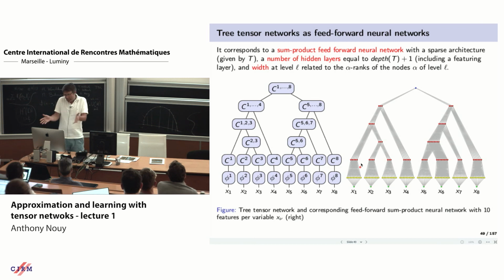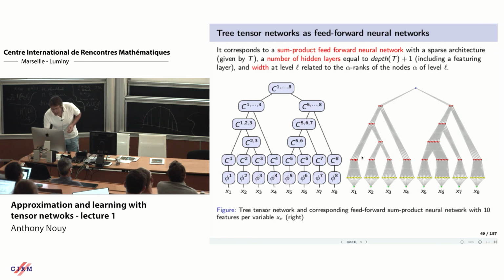Okay, so someone from neural networks, who is used to working with tensor networks, will see it's a sparse network. This one has a sparse connectivity because I do not connect all the neurons of a layer with the neurons of the layer before. So it's a network with a sparse connectivity. The sparsity of the connectivity is associated with the dimension tree.